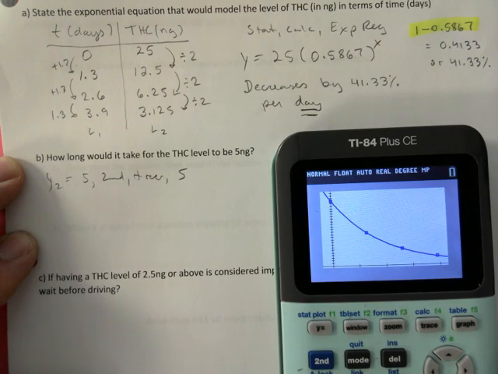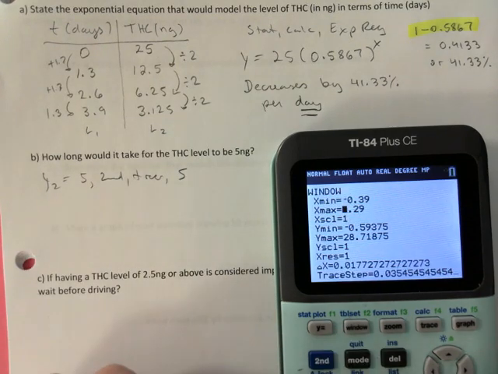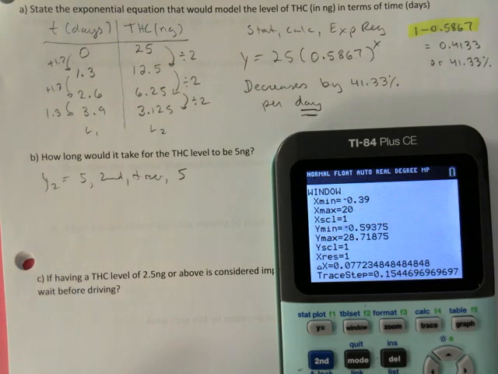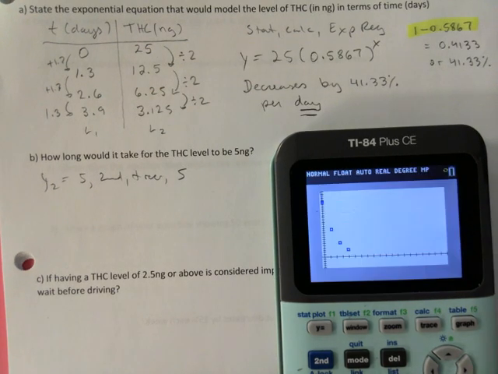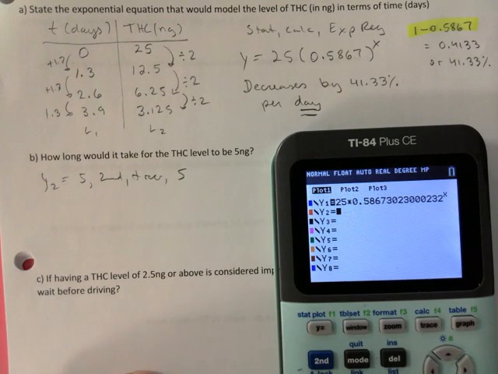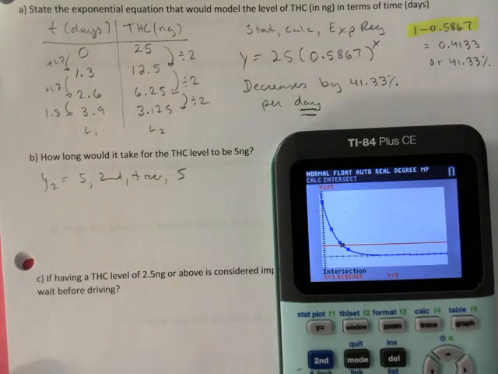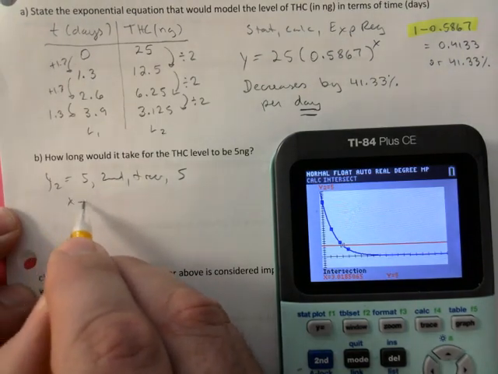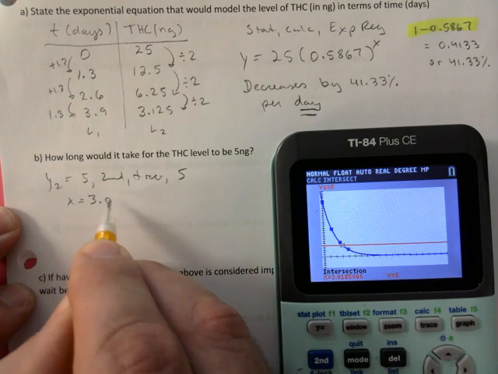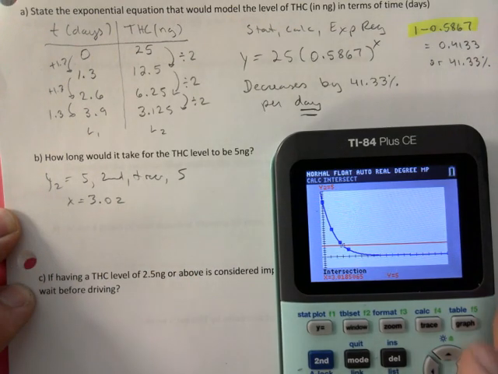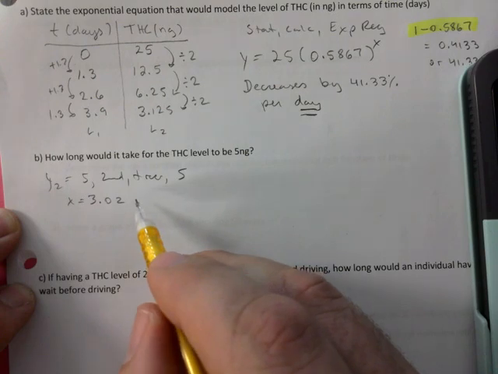For exponential, that will actually work quite well for you most of the time. I'm just going to go 20 here, -5, 30. There we go. So y2 is equal to 5. Graph it, and let's figure this one out. X is equal to 3.02 days.